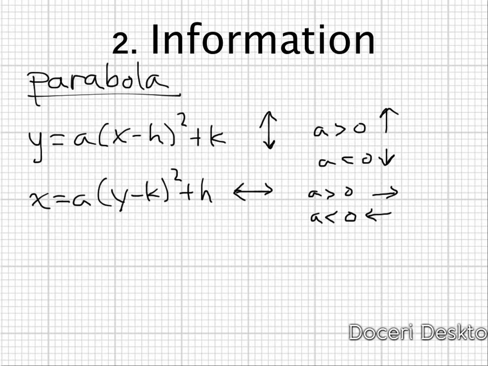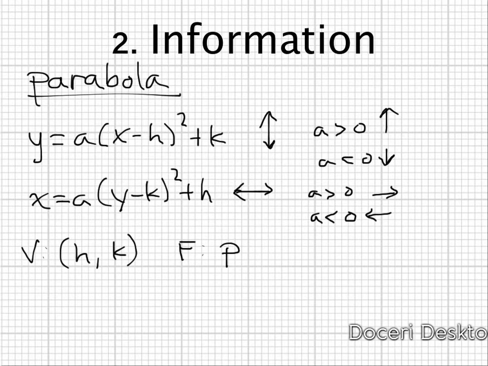There are a few things that we need to find. My vertex, if you remember, is whatever my h and k values are. To find my focus, I look at that a value. If we're going up and down, the distance for my focus is going to be the value p.